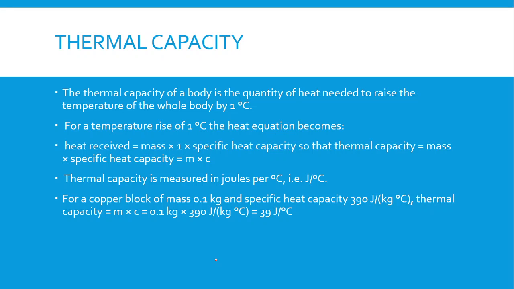So for a temperature rise of 1 degree, the heat equation becomes heat received is equal to mass multiplied by 1 multiplied by the specific heat capacity or the thermal capacity. So that really turns into MC delta T. The reason is that when we're talking about the thermal capacity of an object, we're just talking about 1 degree temperature rise.